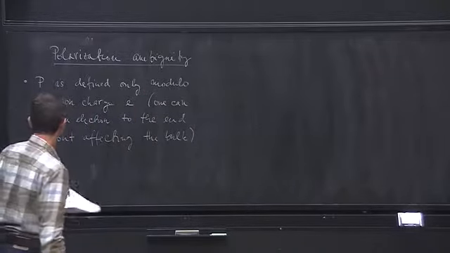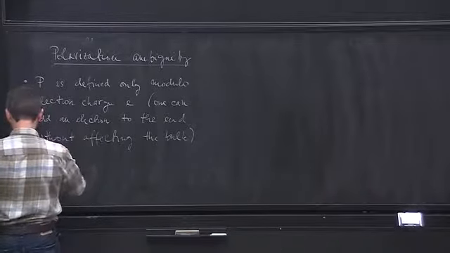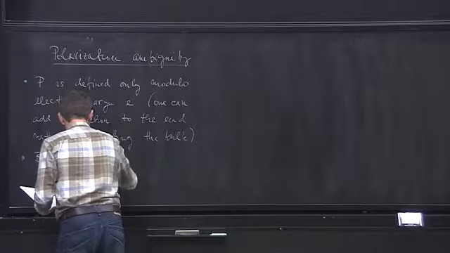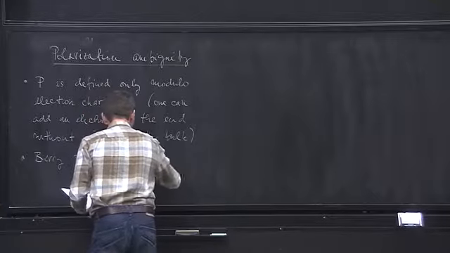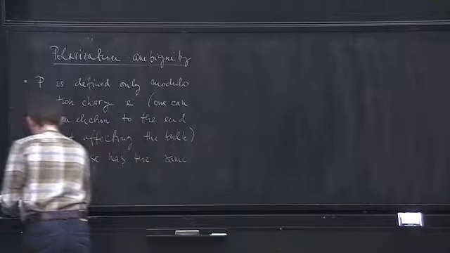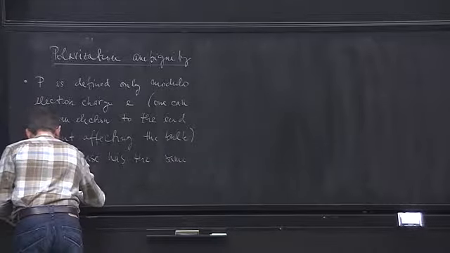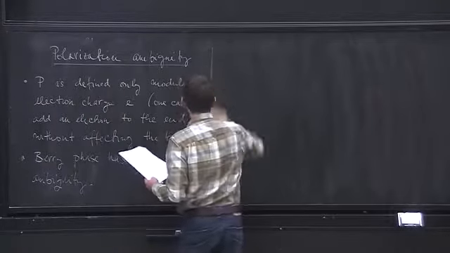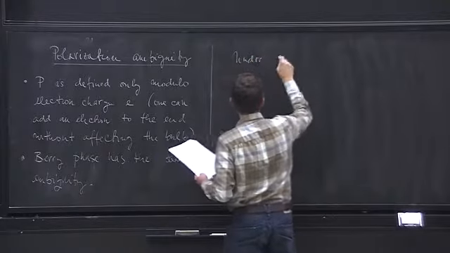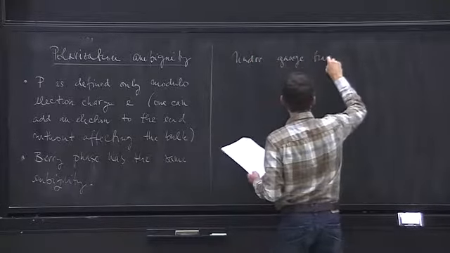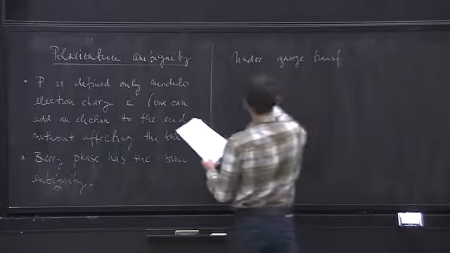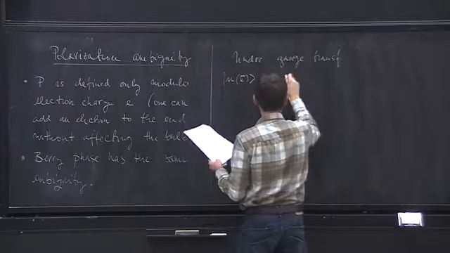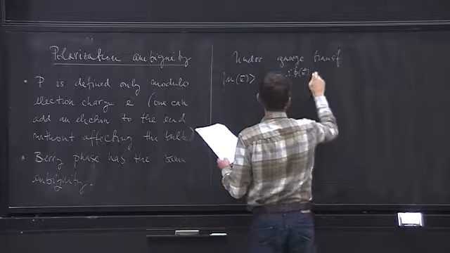And it's satisfying to note that the Berry phase has exactly the same ambiguity. Namely, under gauge transformation, u_k goes to e^{iφ_k} u_k.